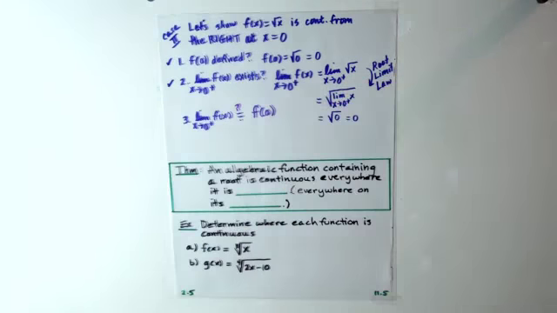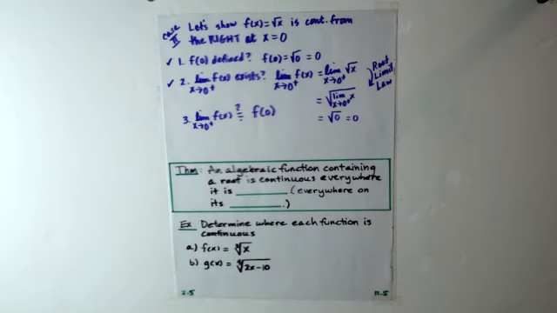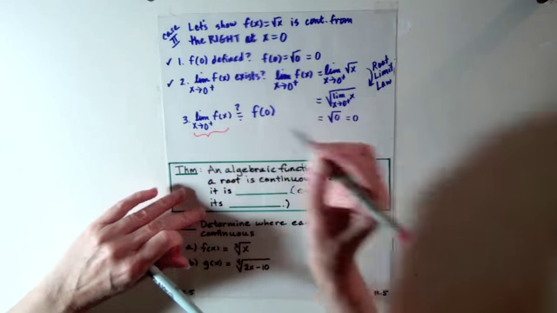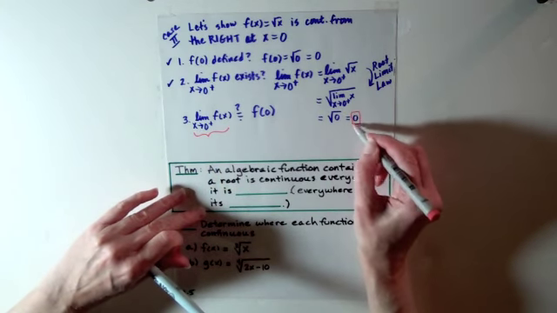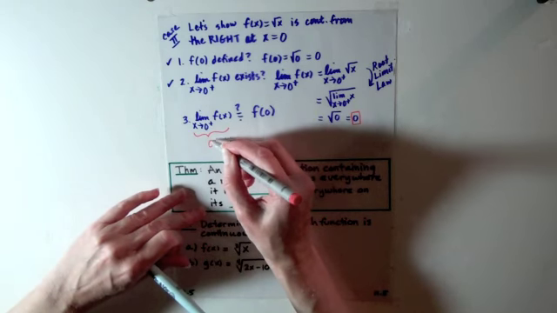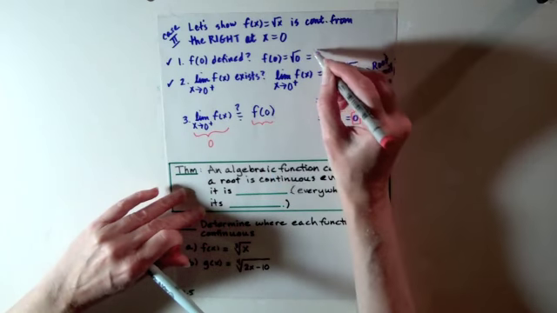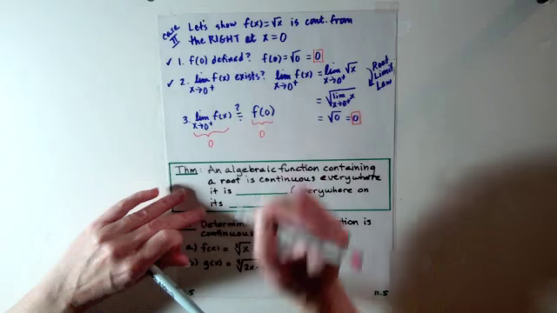Let's check and be sure that those two things really are equal to each other. Well, we just got through doing the limit as x approaches 0 from the right, and we ended up getting an answer of 0. In part 1, we found the value of the function at 0, and we also got a value of 0.